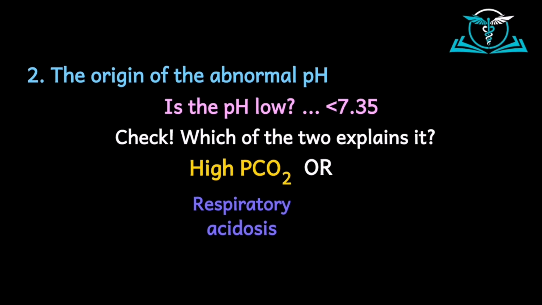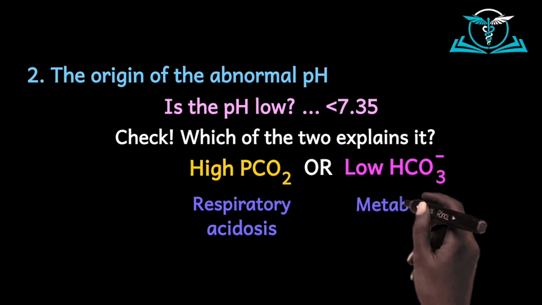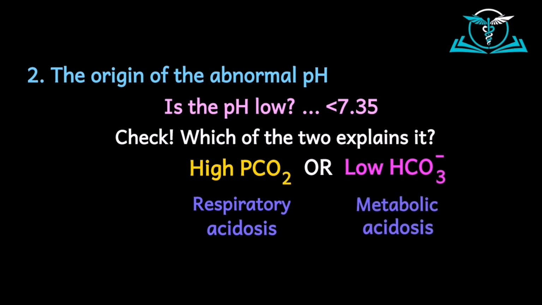And so the point here is that if there is acidemia, a high PCO2 would suggest that the problem is a respiratory problem, and a low bicarbonate ion level would suggest that the problem is a metabolic problem, so respiratory acidosis and metabolic acidosis, depending on which of the two components rationally explains the pH we've seen.